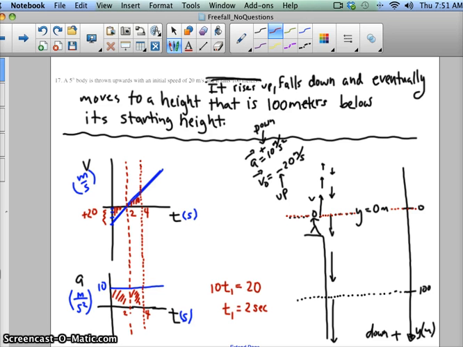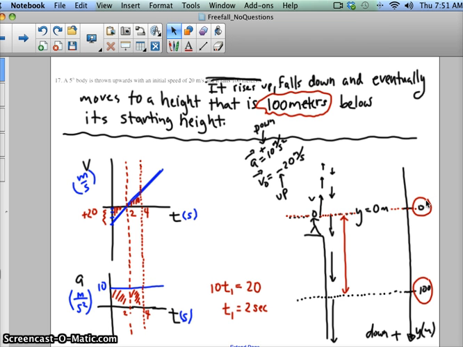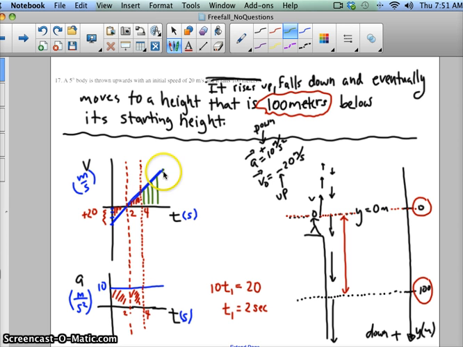So the 100 meters that my object ends up is my final position minus my beginning position. So really, this trapezoid here is going to tell me my displacement of 100 meters.